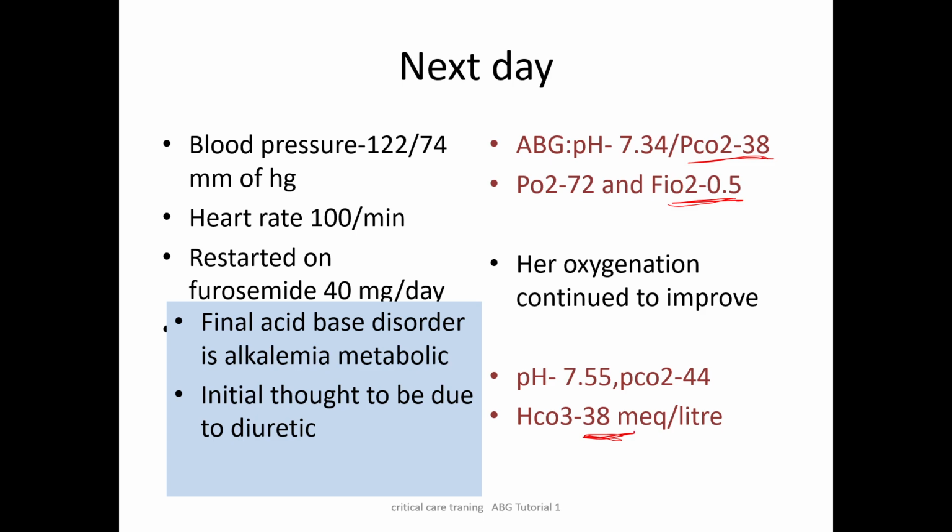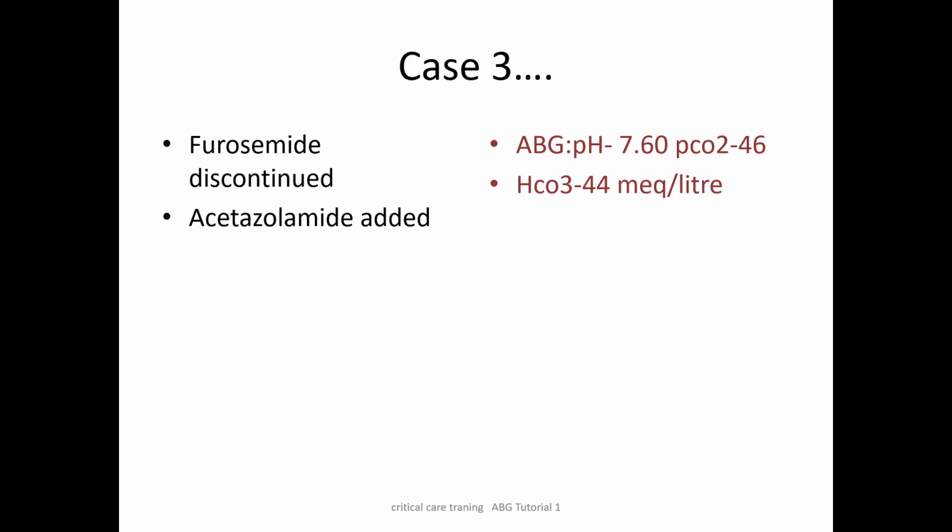So initially it was thought because probably we have put diuretic too early, so again the diuretic was asked to be omitted. So the furosemide was discontinued and the acetazolamide, a carbonic anhydrase inhibitor, was added, and what happened was the ABG has again worsened. So final acid-base disorder, again the pH became 7.6, alkalotic, PCO2 46 and bicarbonate of 44.